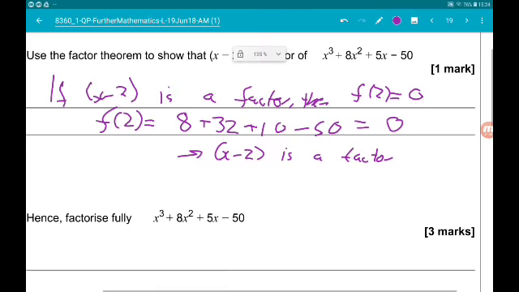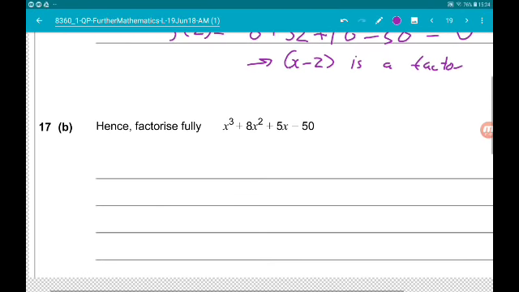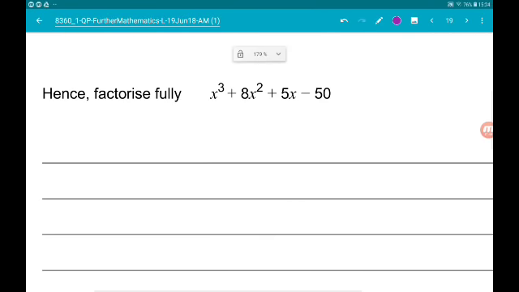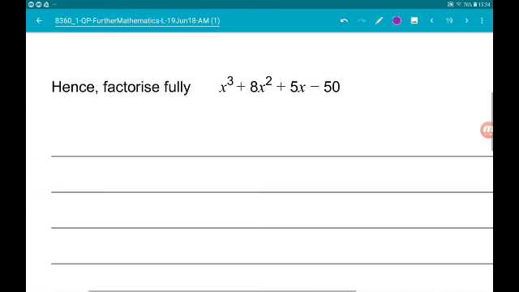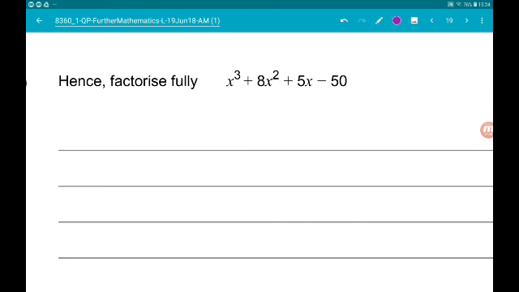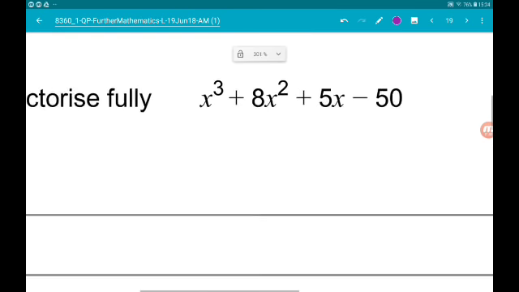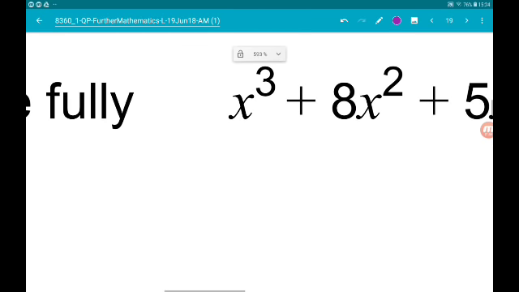Okay, and then it says, hence factorise fully x cubed add 8x squared add 5x minus 50. So again, let's think of it as f of x.